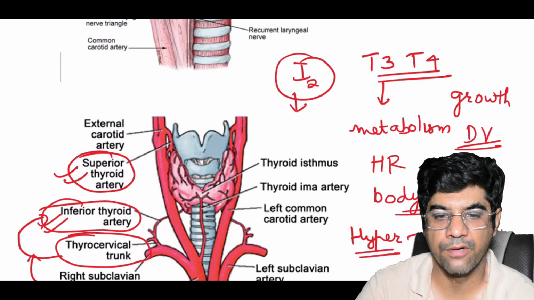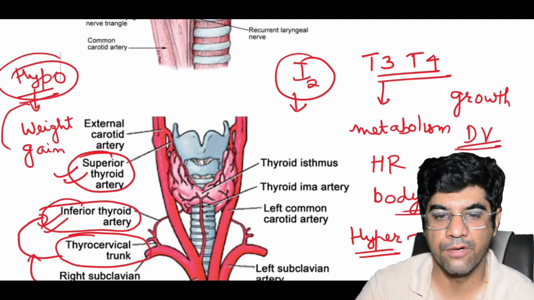Overproduction of thyroid hormone could lead to symptoms like increased heart rate, etc. And hypothyroidism is insufficient production of thyroid hormone. That results in symptoms like weight gain. So remember, in hypothyroidism there is weight gain.